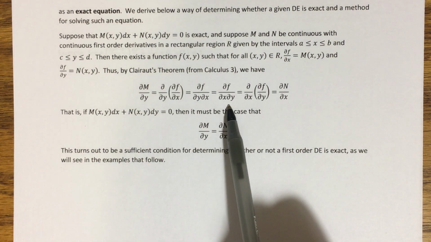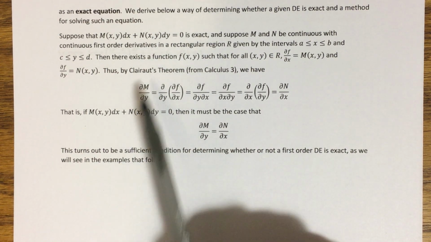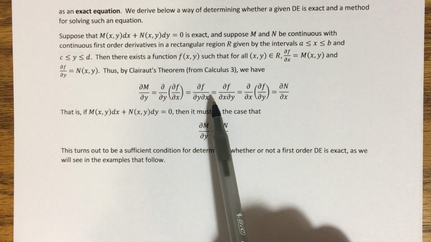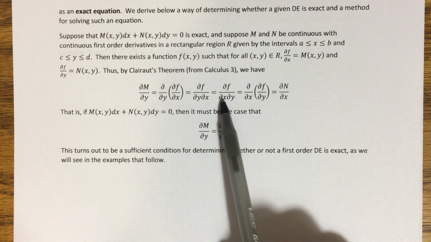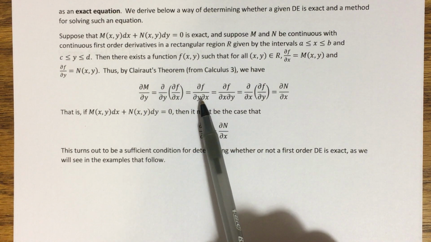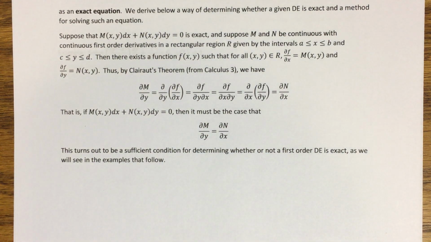Getting from this step to this step is where we use this thing called Clairaut's Theorem. Notice what's happening is these two terms down here are switching places. We have an x here and a y here, as opposed to a y here and an x here.